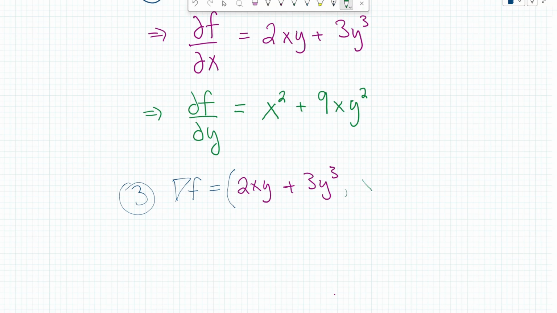And then we have our partial derivative with respect to y, which is x squared plus 9xy squared. Amazing. And that is it. We've calculated the gradient of f. You can see that we took this complicated math process and made it fast and easy to solve by breaking it down into smaller components.